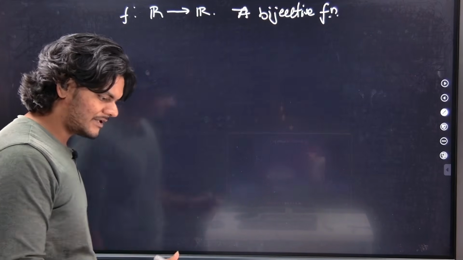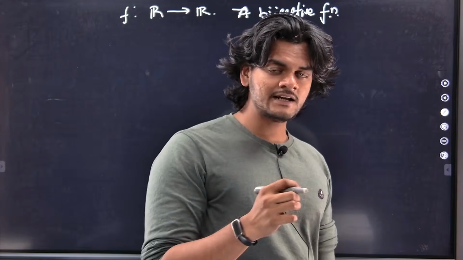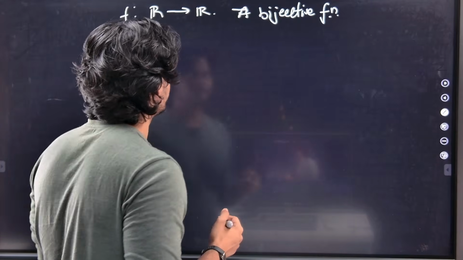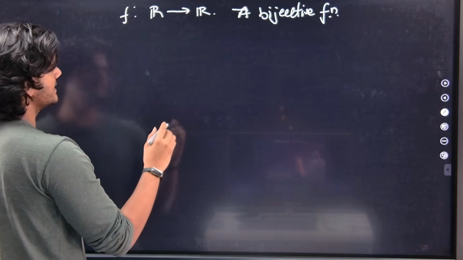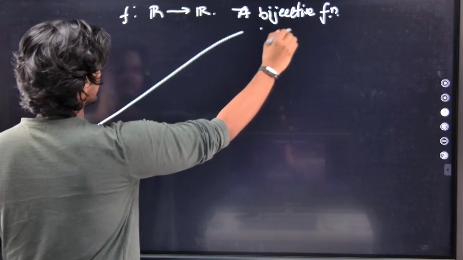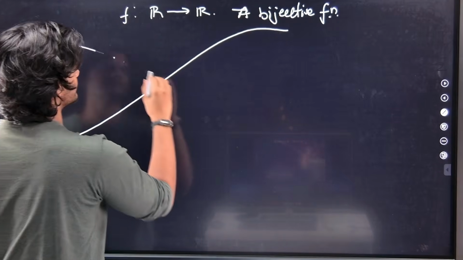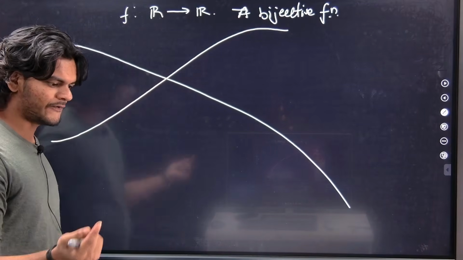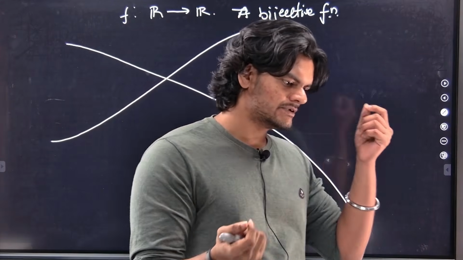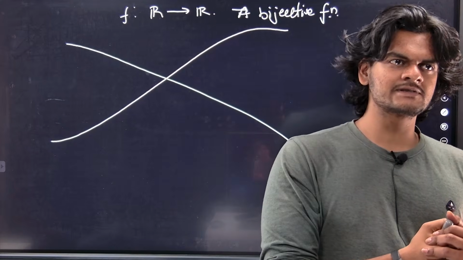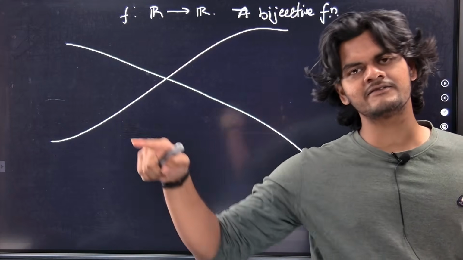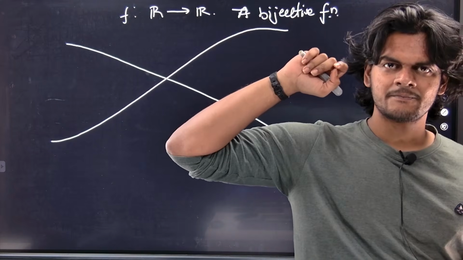I want you to understand something very, very clearly. A bijective function from R to R is either strictly increasing or strictly decreasing, because for all values of R it has to take some value of R. So it is never possible that it is taking a curve back and going like this.